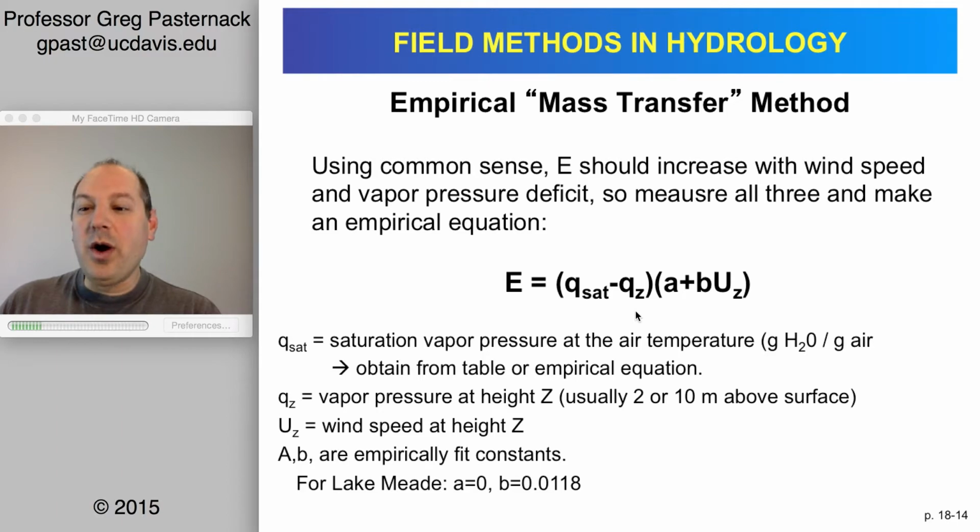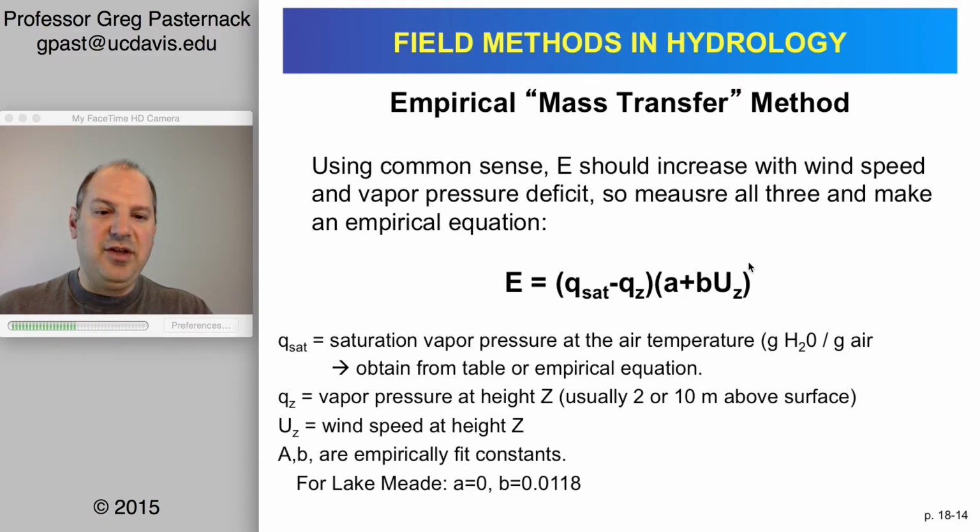The difference between what it can hold and what it's actually holding is called the deficit, or the moisture deficit, or the vapor pressure deficit. And that amount of moisture is what the air could still hold. The greater that number is, the stronger evaporation is going to be, because you have a larger concentration gradient.